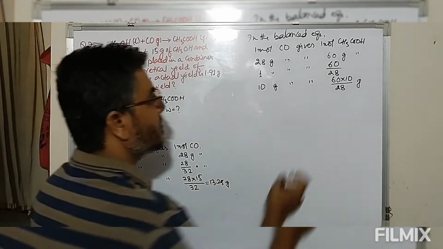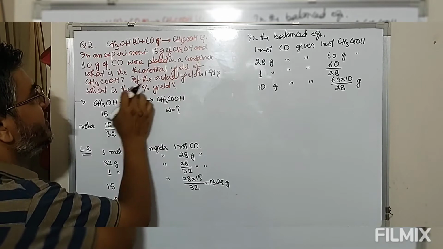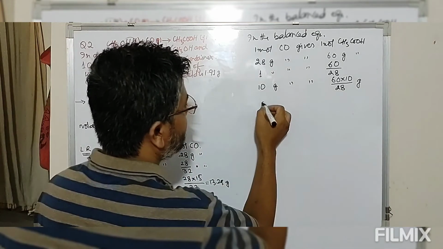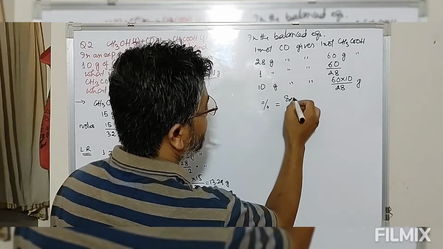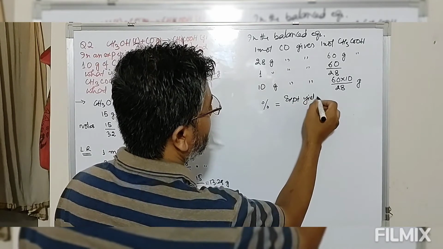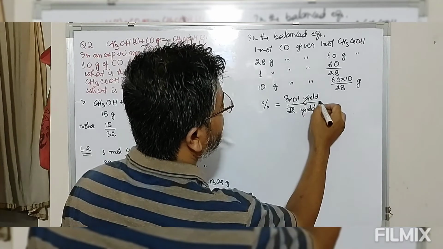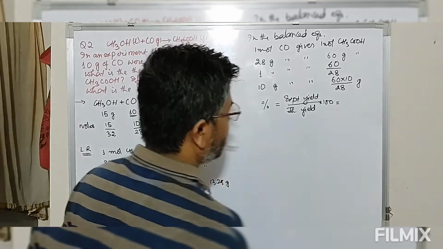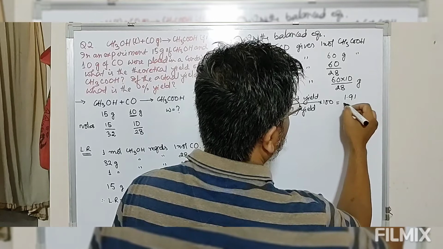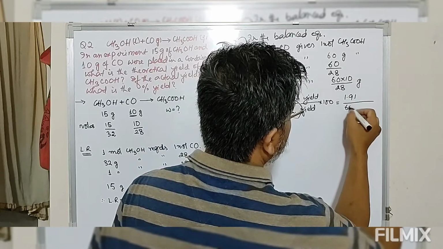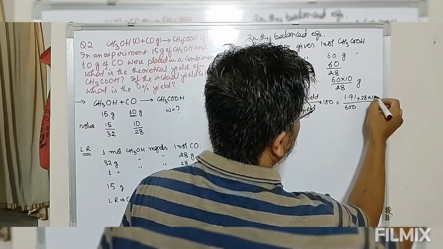This is the theoretical mass; the experimental mass is given as 1.91. So the percentage yield is equal to experimental yield divided by theoretical yield multiplied by 100. So experimental is 1.91, and theoretical we have 60 into 10 divided by 28, into 100.